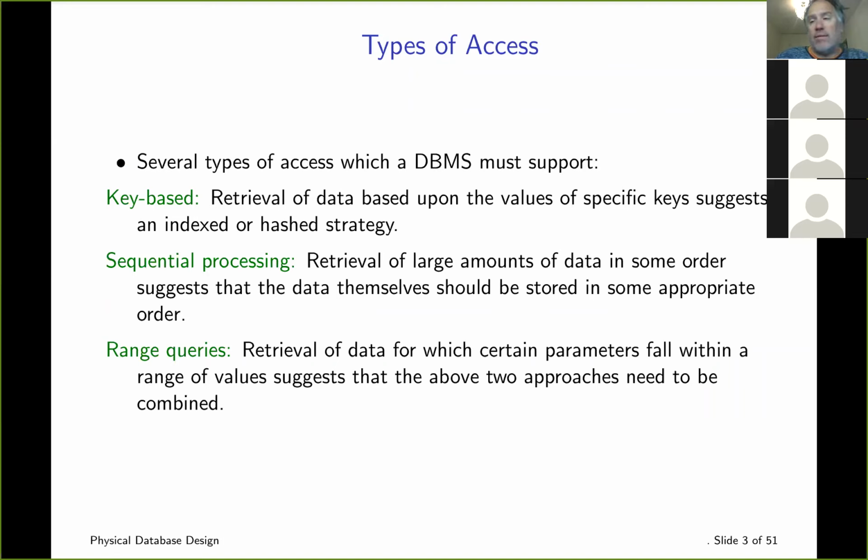Key-based access is where you put in an actual value, like a personal number or a city that a person lives in. Sequential processing is where you go through the whole set and calculate something, like the count or the average salary or the average age. And then range queries are similar to key-based access, but you focus on a particular range, say the personal numbers between a certain number and another number. All right.